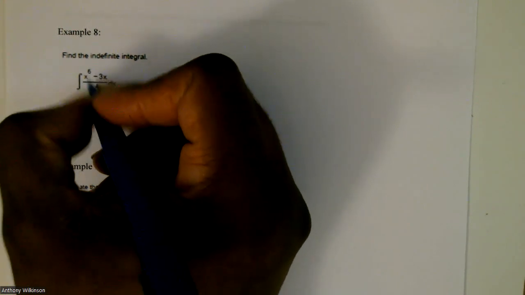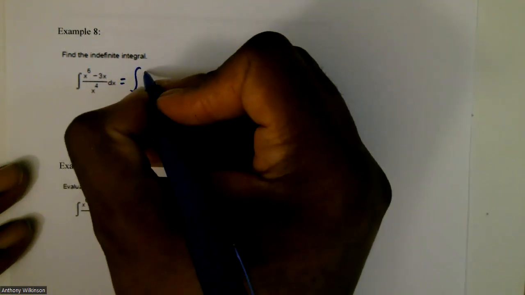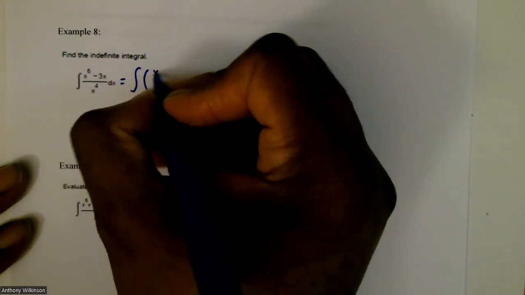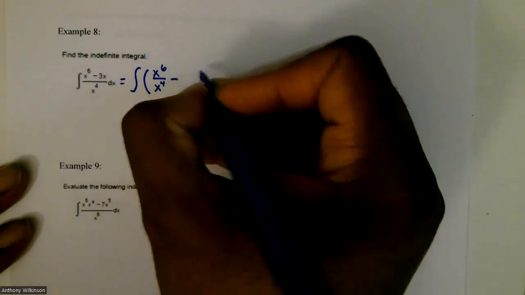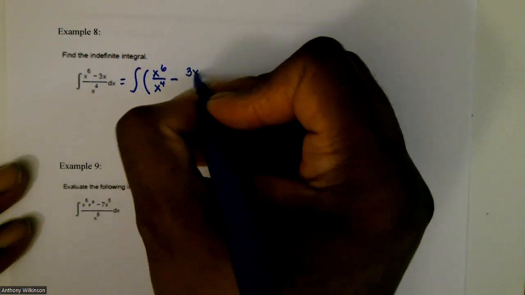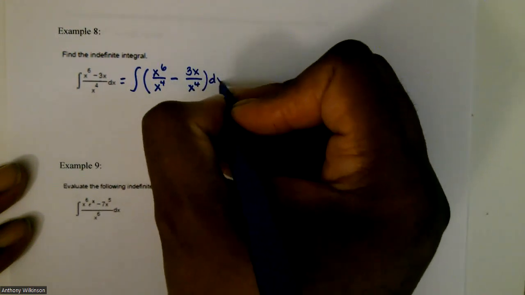That means your x to the 6 will be divided by x to the 4th, and minus 3x will be divided by x to the 4th. So I'm going to write that as the integral of x to the 6 divided by x to the 4th minus 3x divided by x to the 4th dx.